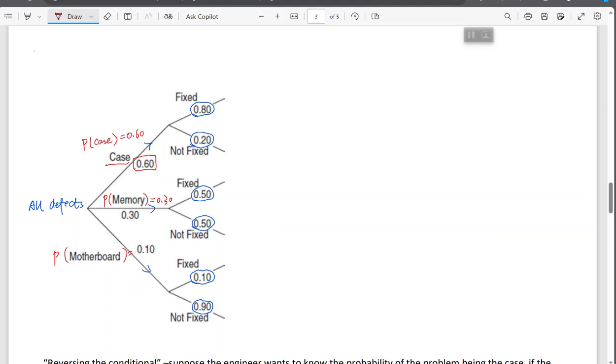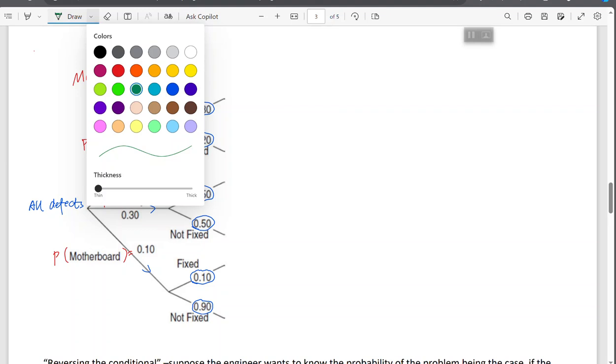So we say these 0.60, 0.30, and 0.10 are the marginal probabilities.